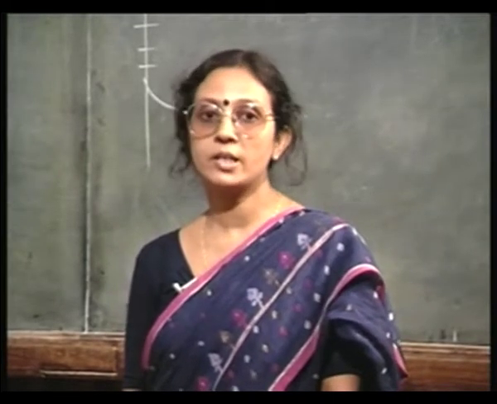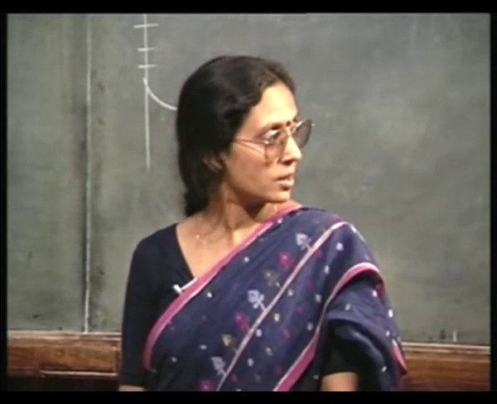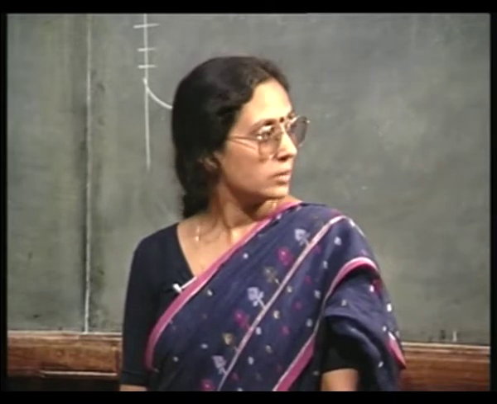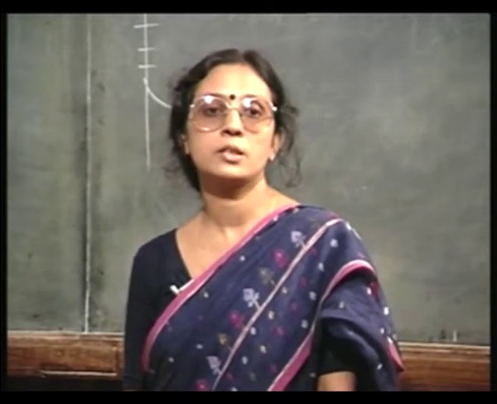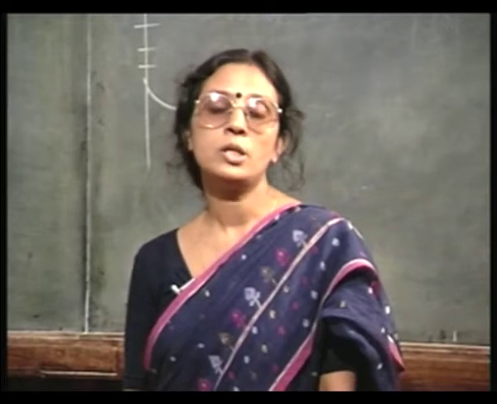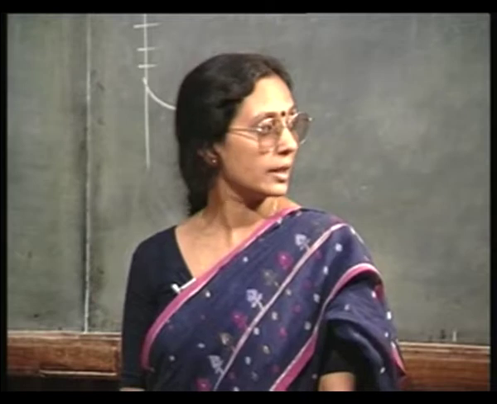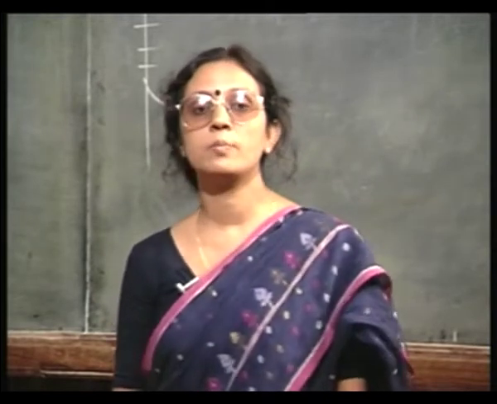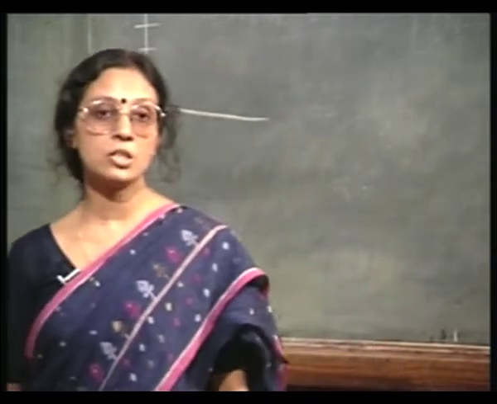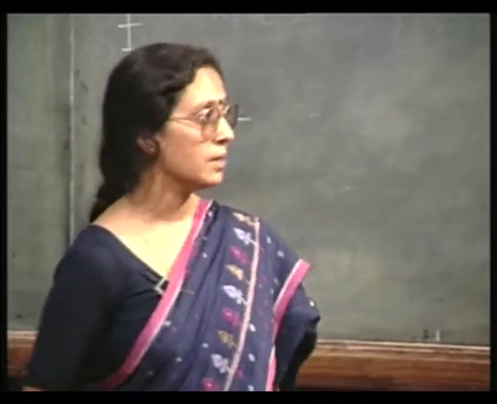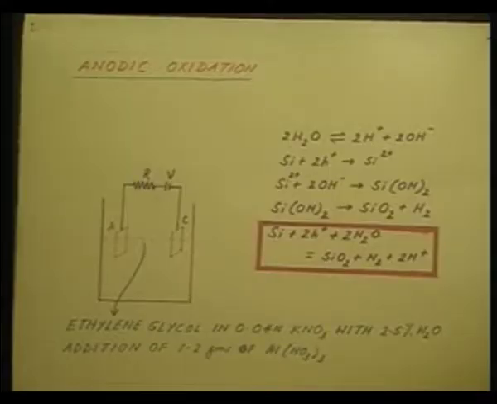What happens in case of n-type silicon? In case of n-type silicon, you know that electrons are the majority carriers, holes are the minority carriers. So, in order to have sufficient holes, we must create them. That can be done either by shining light when there will be enough hole electron pair generation, or it can be done by applying a large enough voltage, so that this junction between the silicon and the electrolyte, this is analogous to a metal semiconductor junction.